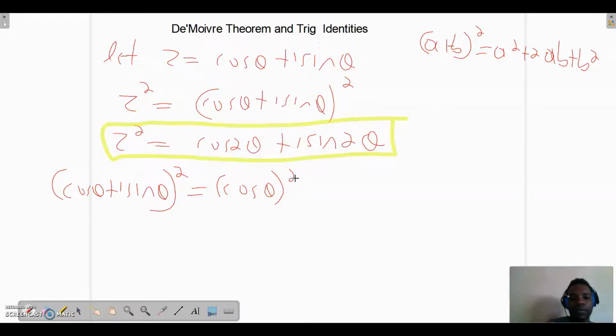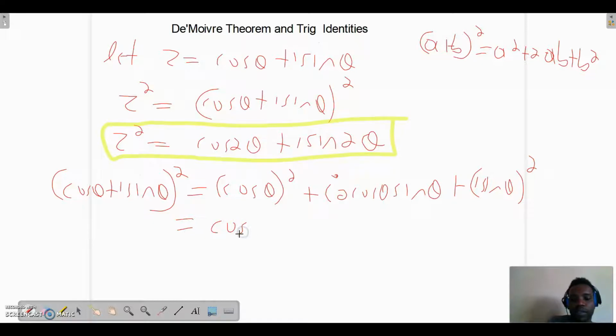Cos theta squared plus 2ab, so it's going to be 2 times cos theta times i sine theta. So it's going to be, let me put the i there, i 2 cos theta sine theta. And also, this is actually a pretty interesting identity here. And then we square this last term, so we have b squared, so plus i sine theta all squared. Alright, let me just expand this out.